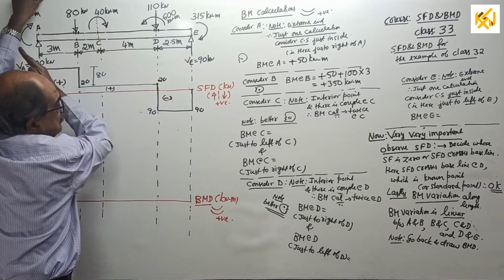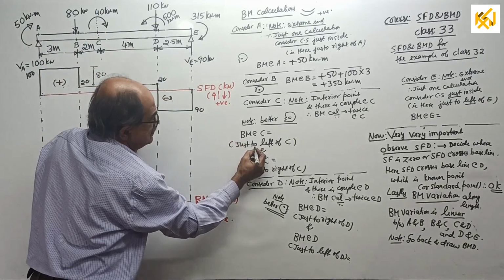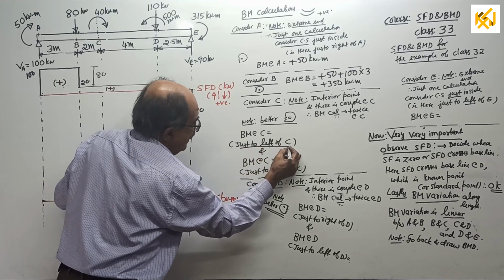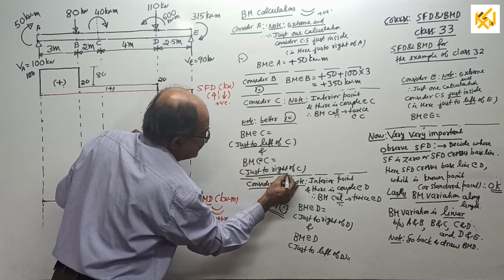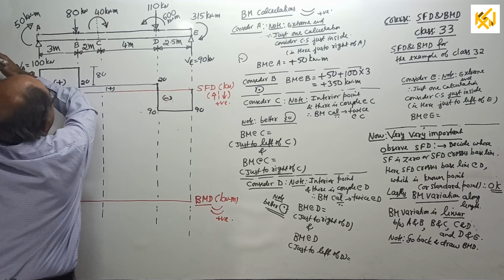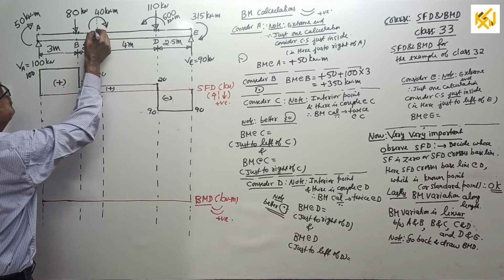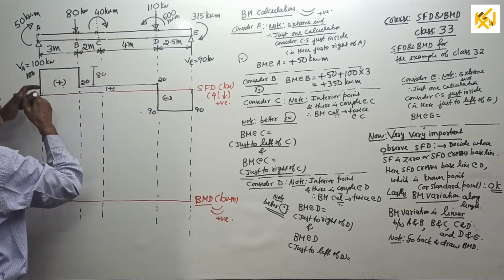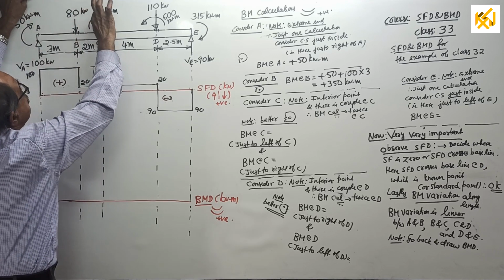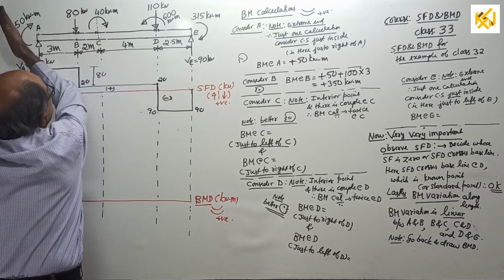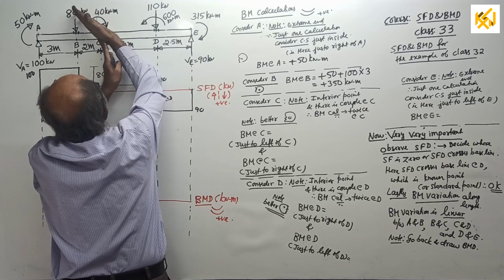If you are looking left side, first find just to the left of C and then find just to the right. Here, see. Take a pencil. Remember, the couple is acting here. You are looking this side, therefore you cannot see the couple now. See, this way.